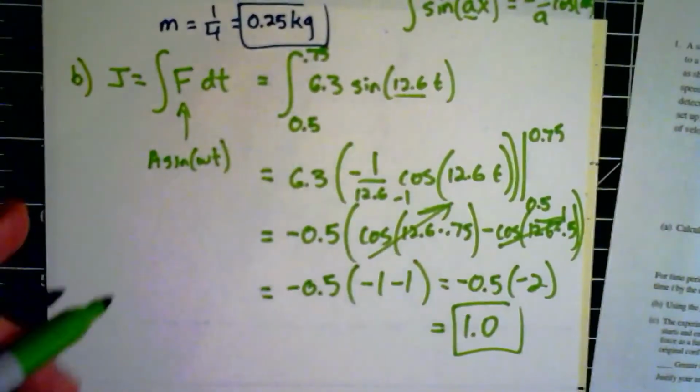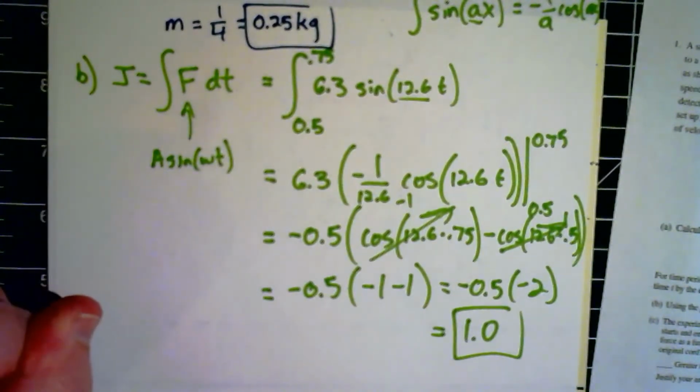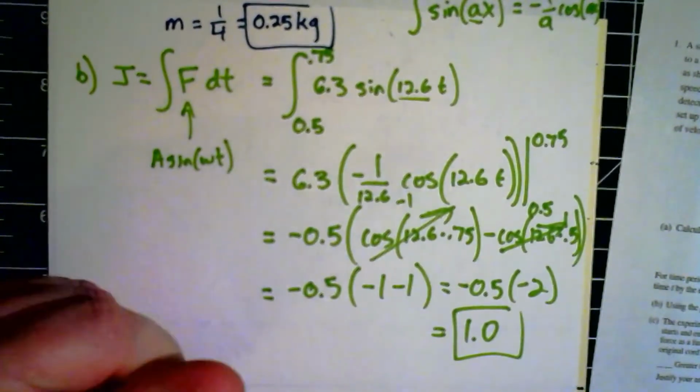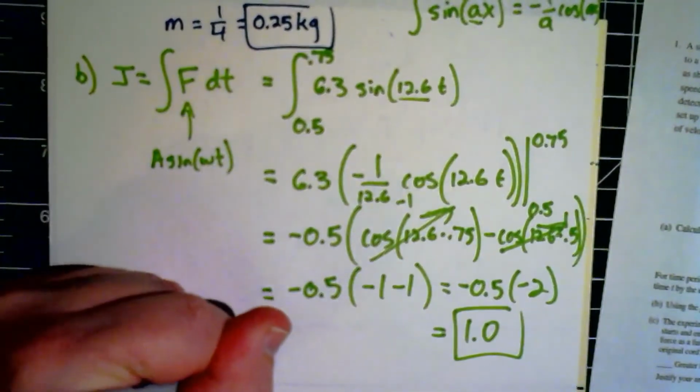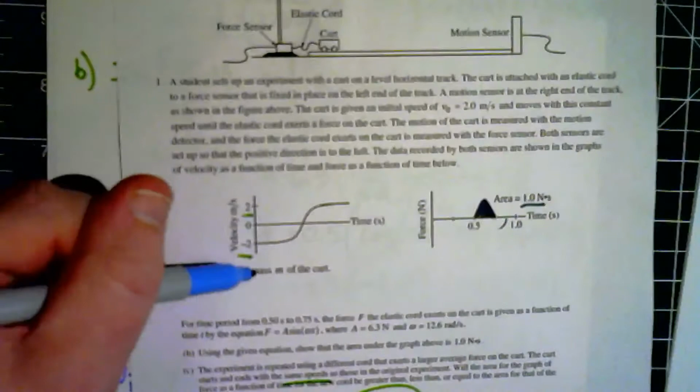And the reason why is that we're given information about the initial and final velocities. v initial is going to be -2 meters per second, and v final is 2 meters per second right here.